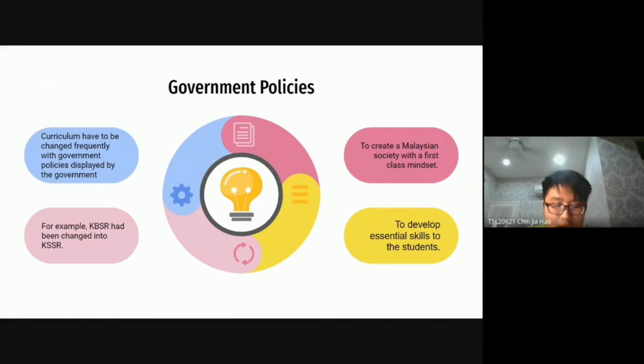So if, let's say, in the future the government wants to implement a certain policy such as the involvement of the use of modern technology in the country, they have to make sure that there are changes towards the content of the curriculum in order to develop essential skills in the students. All right, so that's all for government policies.